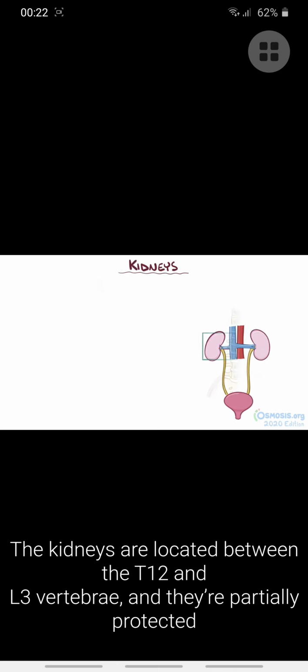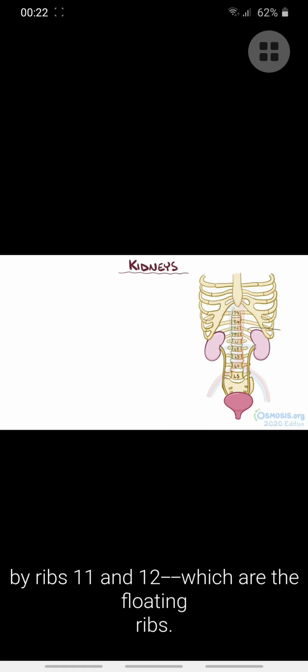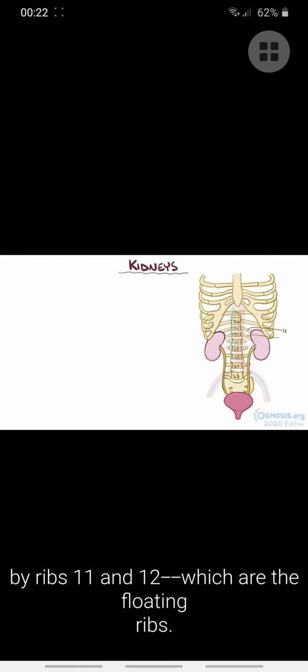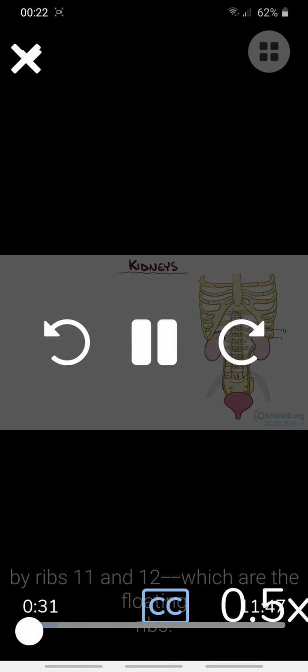The kidneys are located between the T12 and L3 vertebrae and protected by ribs 11 and 12, which are the floating ribs.